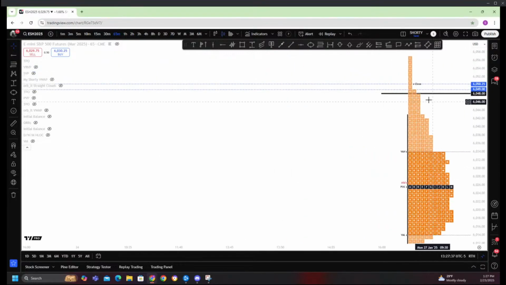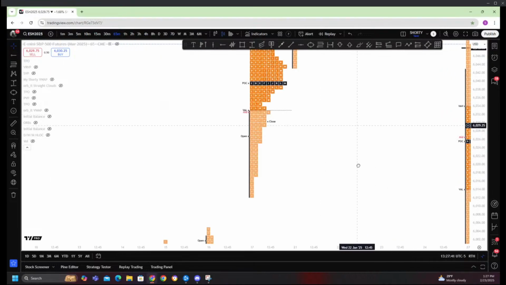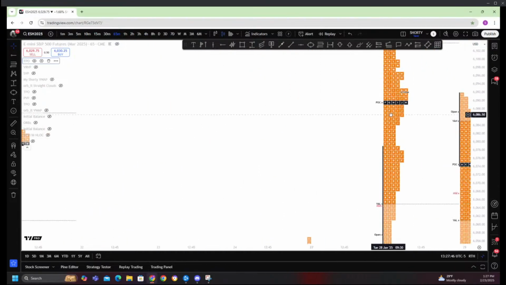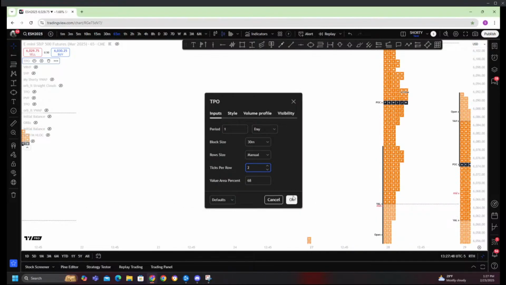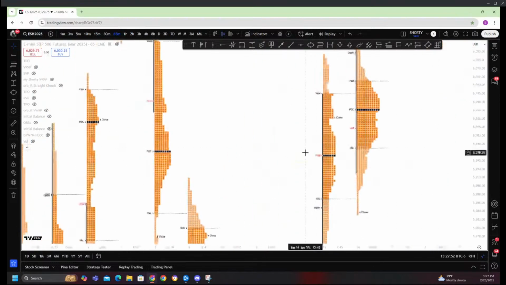Okay. Well, let me find one that's a little bit wider than 1 tick, right? So I have to drop to about 2. I know we've had some here at the bottom.